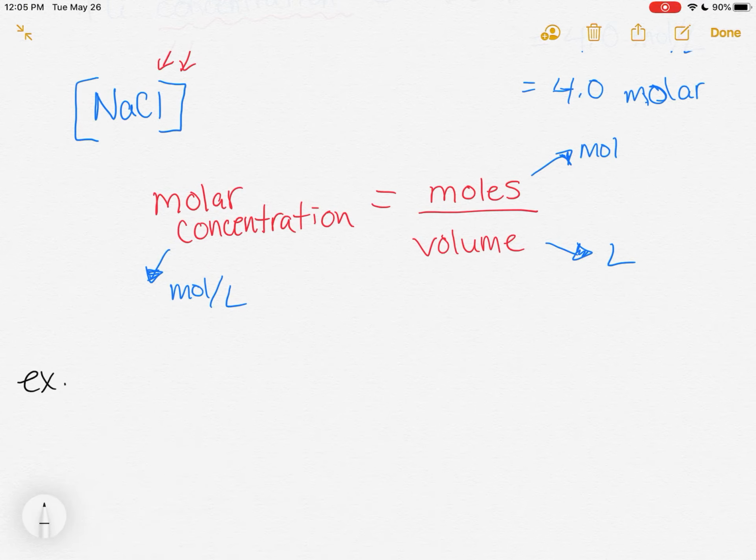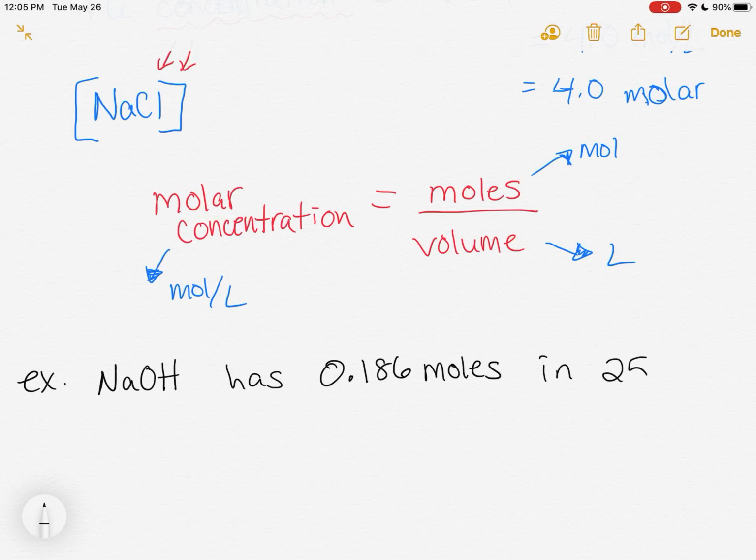Example number 1. We have a sodium hydroxide solution that has 0.186 moles in 250 milliliters of solution. We want to find the molar concentration.